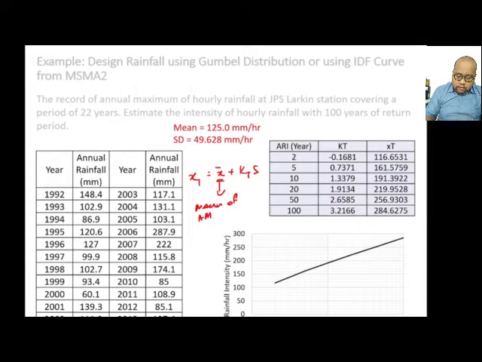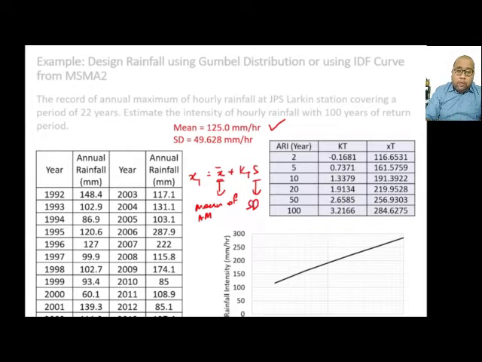So the first thing, you need to find the mean of the annual maximum rainfall. For this case, if I take the average, you total up this one, you will get 125 millimeter per hour. And then by using the same concept, you find the standard deviation for the whole data.